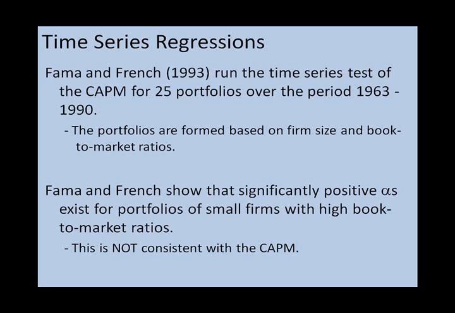When they ran the regression for each of their 25 portfolios, what they found was that the alphas were significantly positive for small firms with high book-to-market ratios. And this is not consistent with the CAPM. The CAPM says that alpha should be equal to 0 across all stocks and all portfolios if the CAPM holds. So this again seems to be evidence against the CAPM.